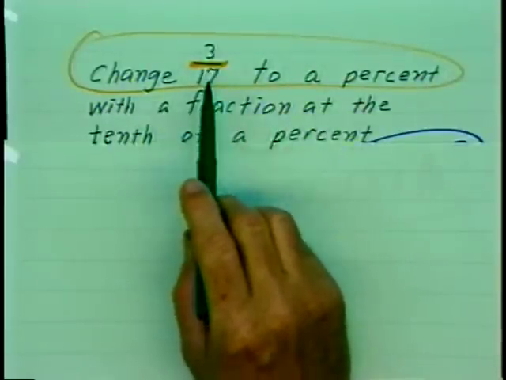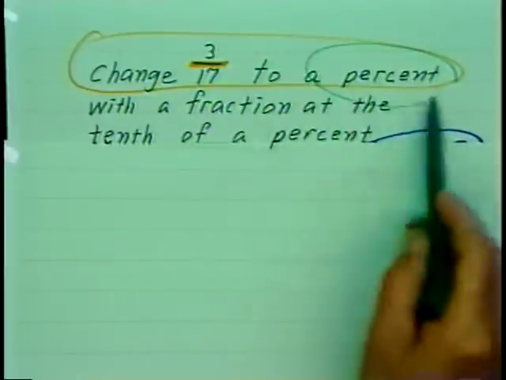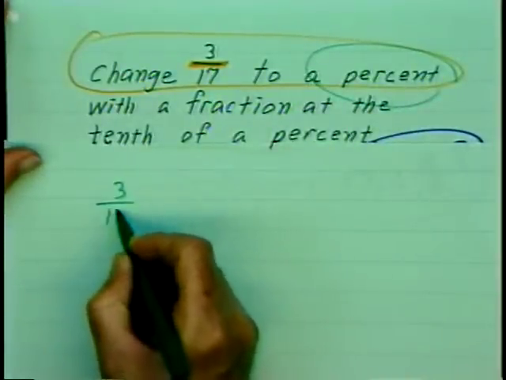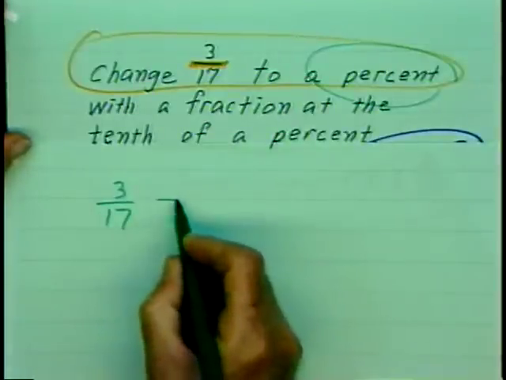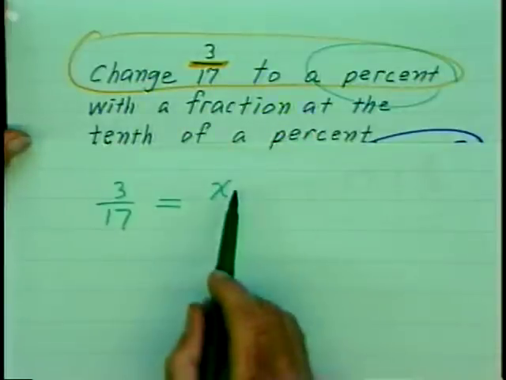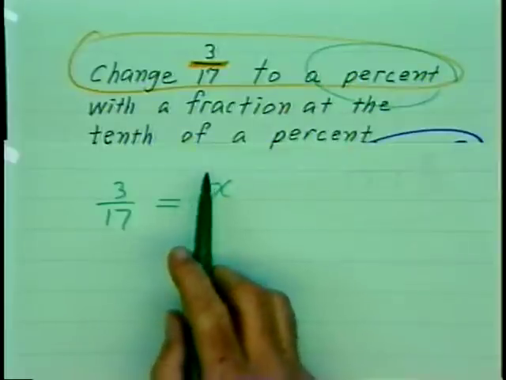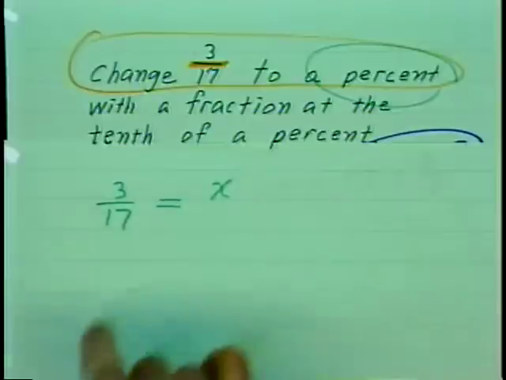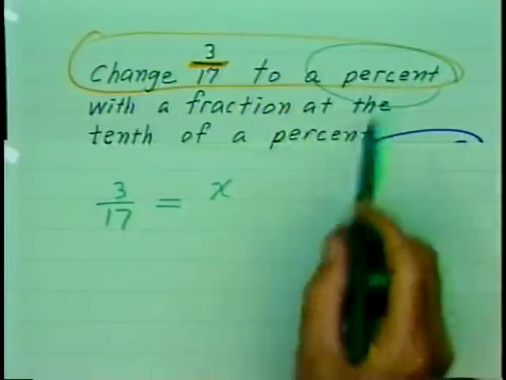What are we really saying here? We're saying 3/17 is what percent? Well, let's say that. 3/17 is what? And what in algebra is always a variable, something we don't know, so we use a letter to stand for that temporarily. But how do we say percent?